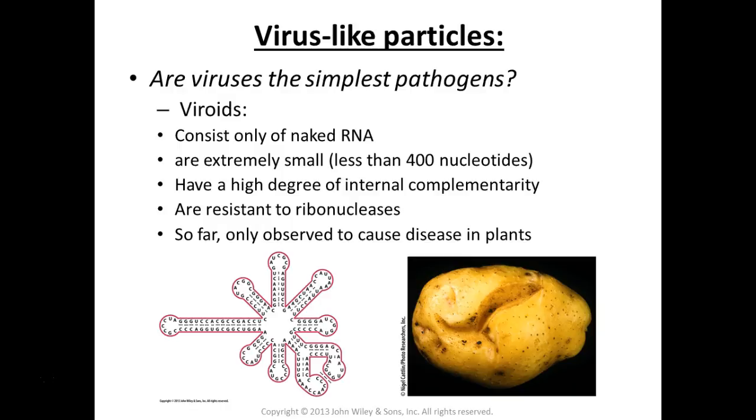So for viroids, we're talking about RNA, and it can bind with itself and form these really cool structures. But it is single-stranded, and it's just RNA. And we just really see these in plants. And again, this is an active, relatively new area of study.